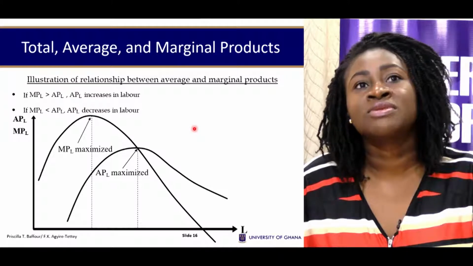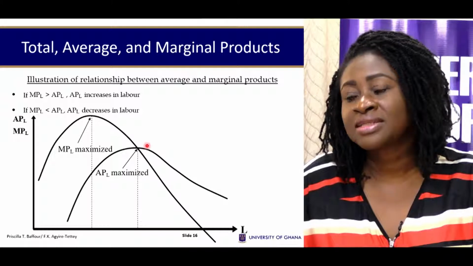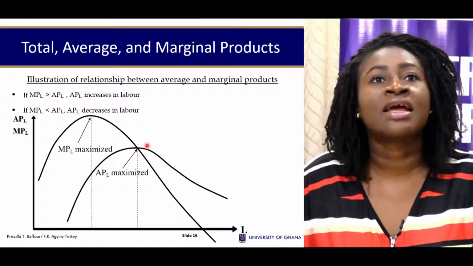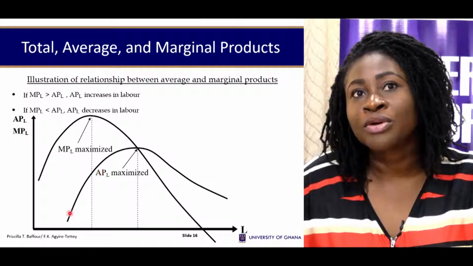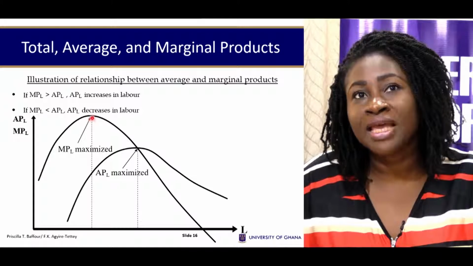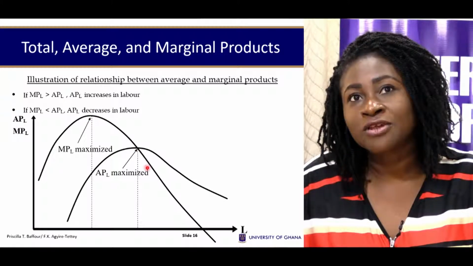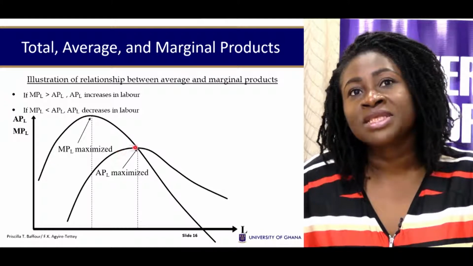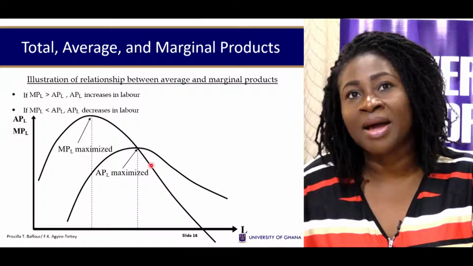Okay, so in terms of the relationship between marginal product and total product curves, we'll see that when marginal product is increasing, total product will also be increasing. But marginal product will reach its peak before total product reaches its peak, and total product reaches its maximum when marginal product cuts it from above.